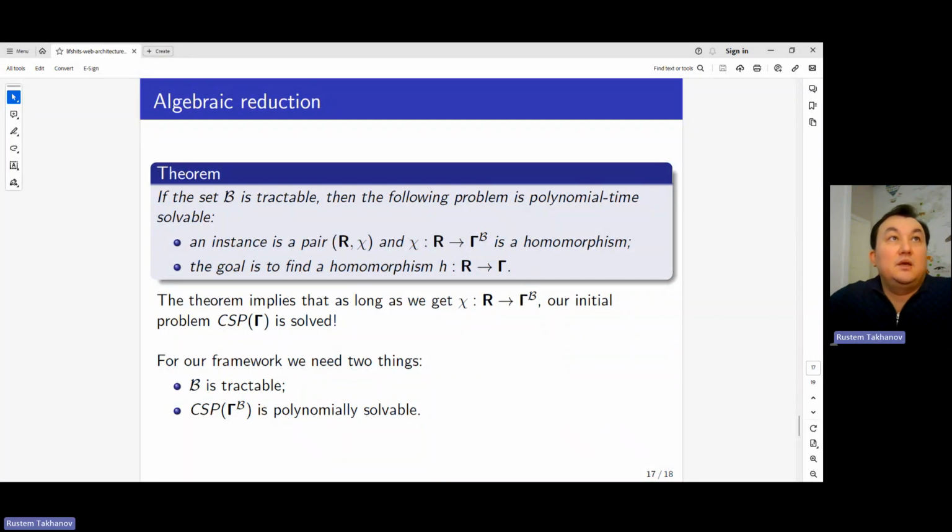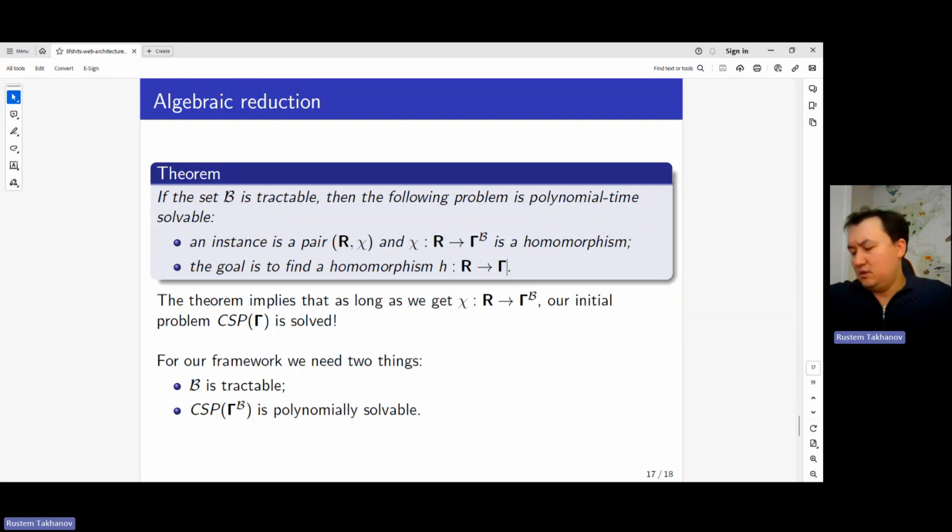So this is basically our key result: if the set of algebras B consists of only tractable algebras, then we can find a homomorphism from R to gamma, given a homomorphism from R to gamma superscript B. Besides that, we give some other theorems, other results, but this is the key idea.